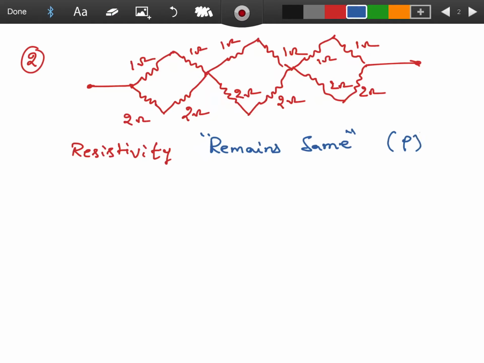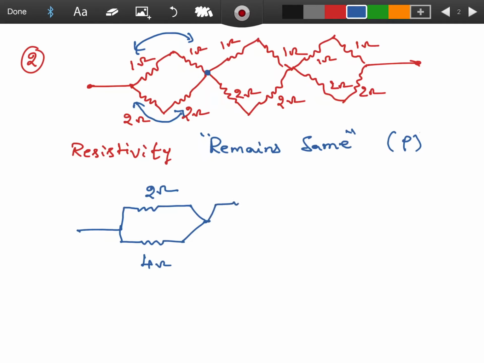Now coming to the equivalent resistance. See here, this 1 ohm and 1 ohm in series, I will replace with 2 ohm, and this 2 ohm and 2 ohm in series should be replaced with 4 ohm. They have this common point.